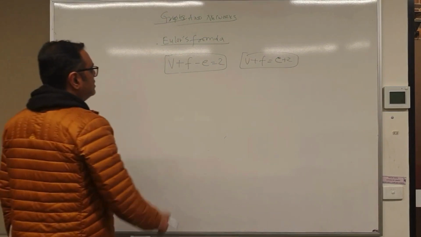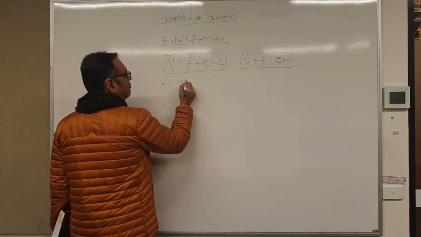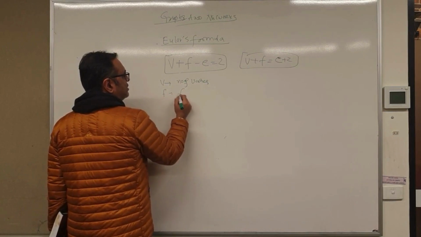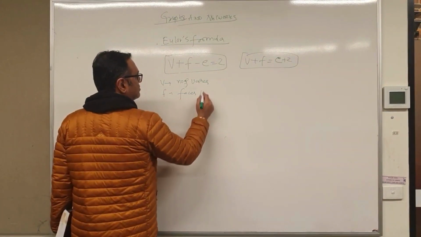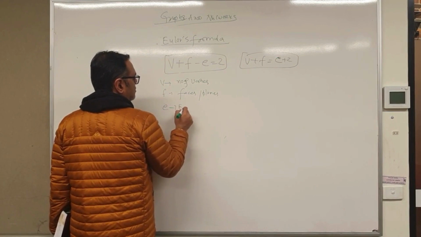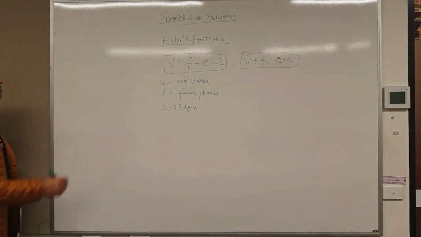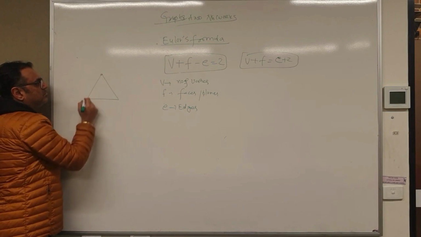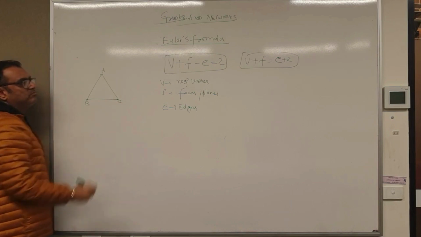Now Euler's formula tells us V is the number of vertices, F is the number of faces or the planes, and E is the number of edges. Let's take an example. Let's say that's the graph.